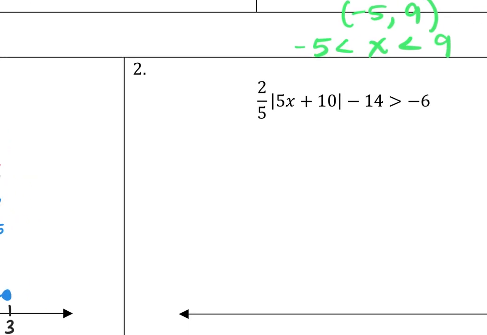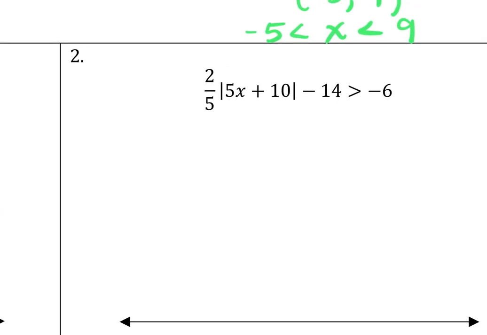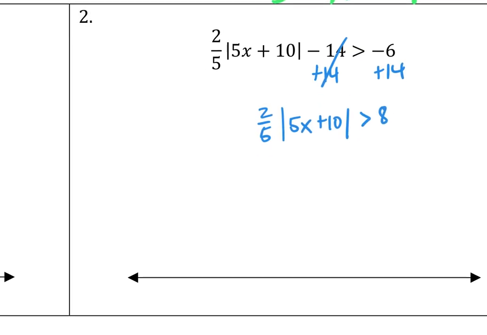2/5 times the absolute value of 5x + 10 minus 14 is greater than negative 6. So again, the first thing, just like with our equations, we want to isolate this absolute value. So we're going to add the 14. So we get 2/5 times the absolute value of 5x + 10 is greater than 8.